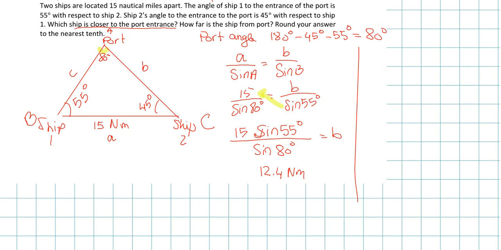Okay, then I'm going to do the same thing for C. Now, I always like to use, if possible, the given information instead of the found information. So I will also use A for this case, and I won't use B, okay?